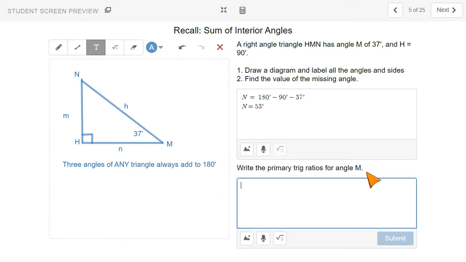And once again, primary trig ratios, if we're doing it for angle M, our sides are m and h. So we would have sine 37 is equal to opposite over hypotenuse, cosine 37 is equal to n over h, and tan 37 is equal to opposite over adjacent.